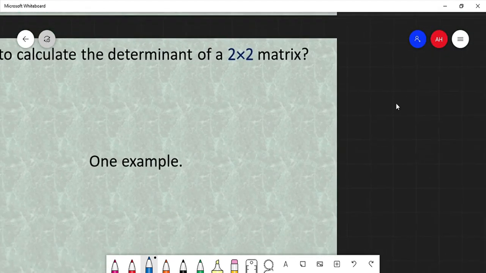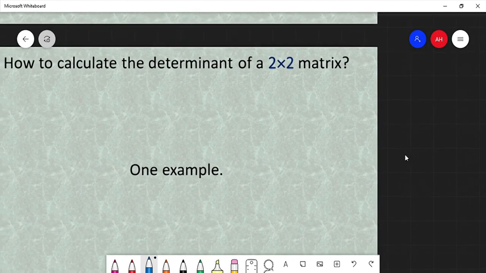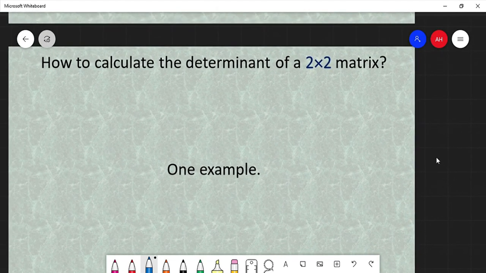All right, the next question is how to calculate the determinant of a 2 by 2 matrix. Meaning, is there a formula for it? Luckily, yes, we have a formula. Suppose that we have a matrix A with elements a, b, c, and d.